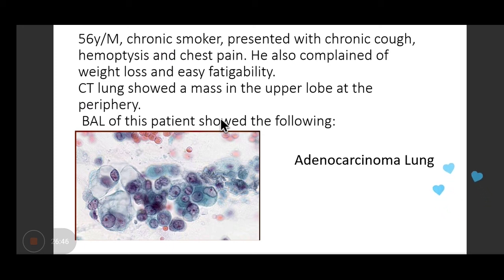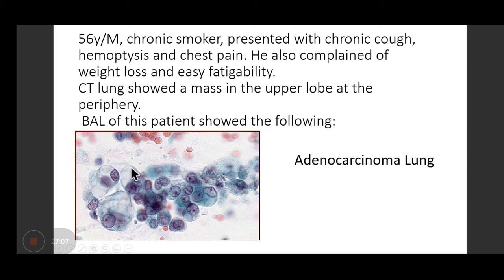So this history is of a 56-year-old male who is a chronic smoker. He presented with chronic cough, hemoptysis, and chest pain. Also complained of weight loss and easy fatigability. The CT lung showed a mass in the upper lobe at the periphery. This is the BAL of this patient.